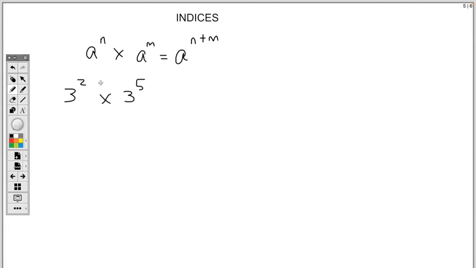Now they have to be the same base, and since they're the same base, I write the base once. That's what the rule says, same base. So we can write the base once and then add the powers. So I would add 2 plus 5 and that will give me 7. So I write the base and have 7 as my power.